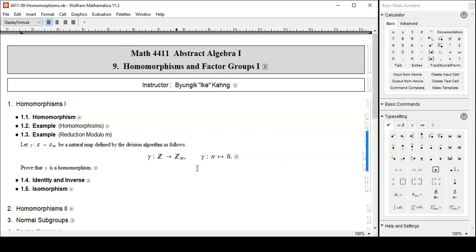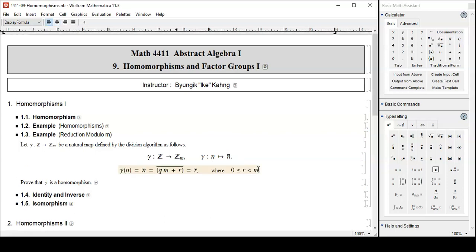As a matter of fact, this natural map can be rewritten like this using the division algorithm. This n is qm plus r, and then qm is congruent to 0 modulo m, so that drops out, and you just get r bar, and r bar is simpler, with r between 0 and m, greater than or equal to 0, less than m.